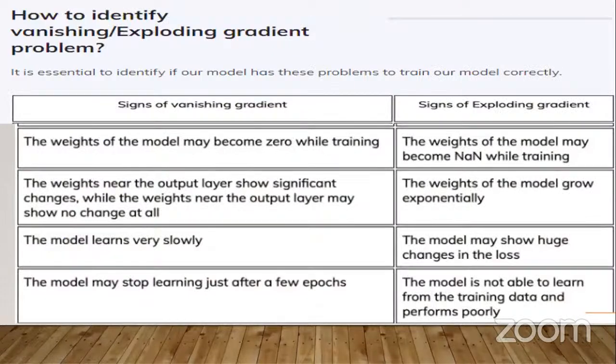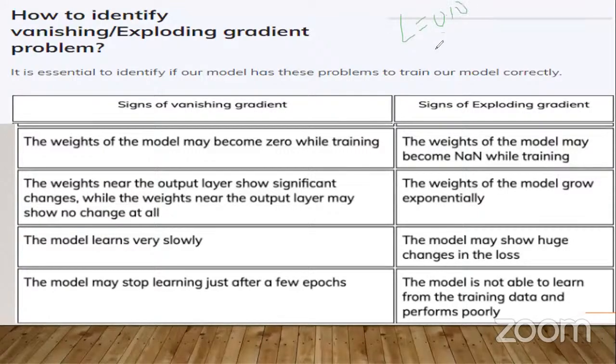We saw it from the graphical, theoretical, and mathematical perspectives. Now, how can you identify that your neural network has the vanishing gradient problem? What could be the possible way? Maybe your model stops learning. What do you mean by the model stops learning? Epoch by epoch, let's say the loss value is around 0.10.